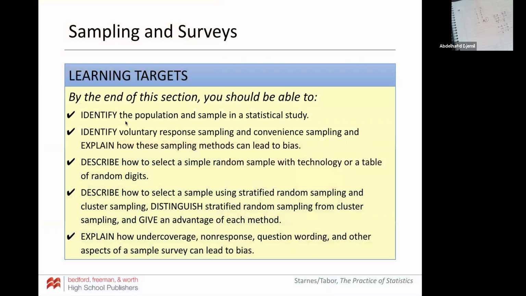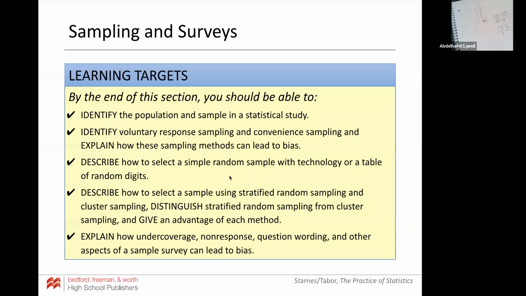So the first thing, we need to identify the population and the sample in a statistical study or in any project that we give. Then we're going to be identifying the voluntary response sampling, the convenience sampling, and explain how those two methods can lead to bias.